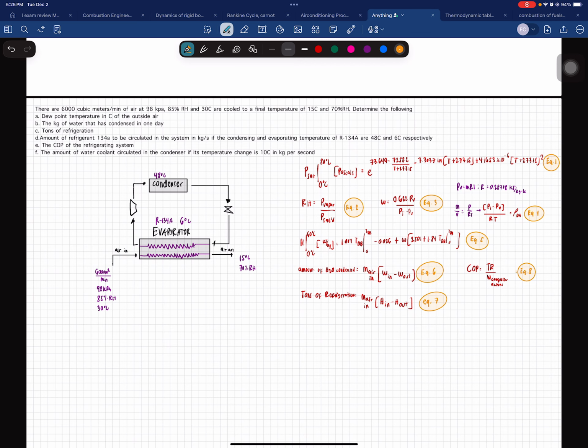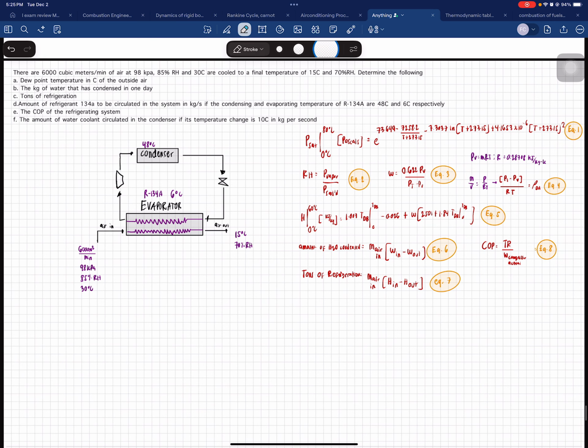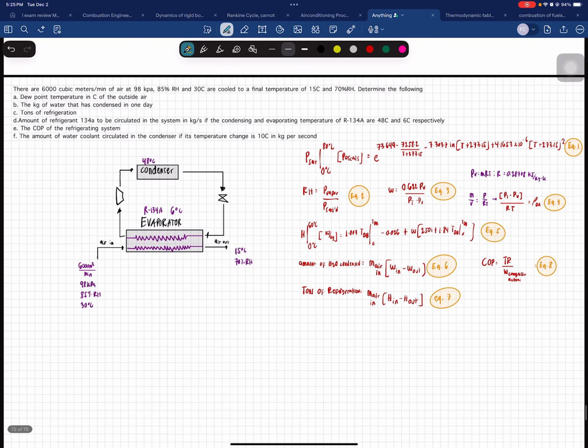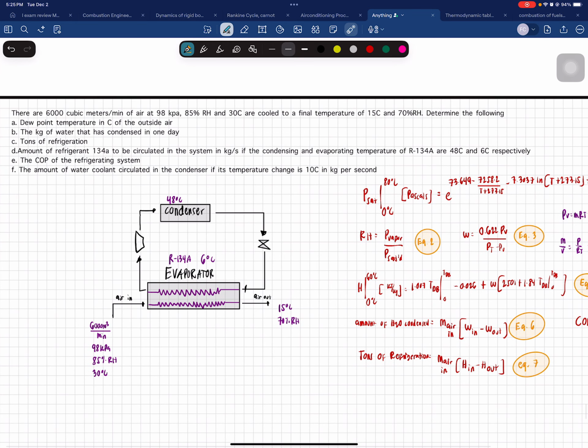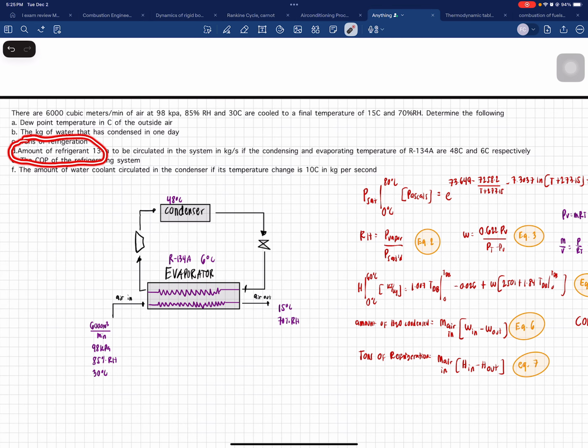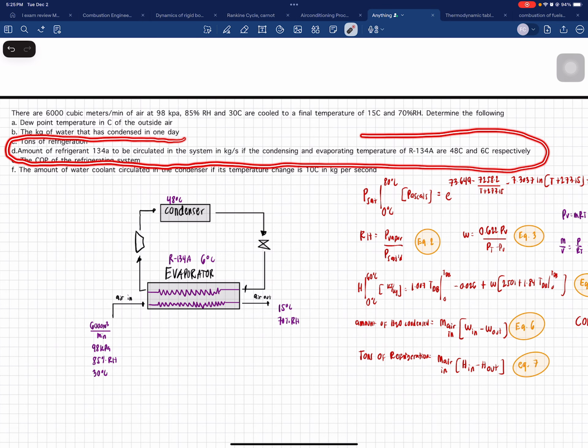Okay, D and F are kind of the same. When it states on the problem that you're asking for the amount of refrigerant or amount of water, given the temperature change, in this case you will be having enthalpies, no?